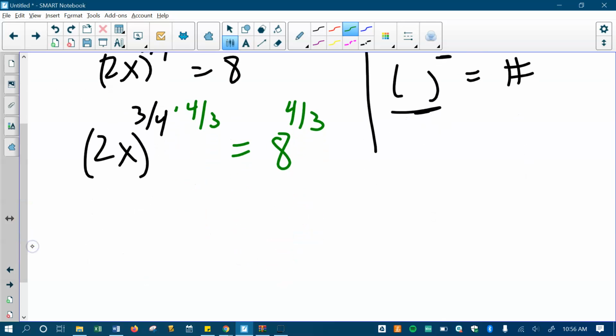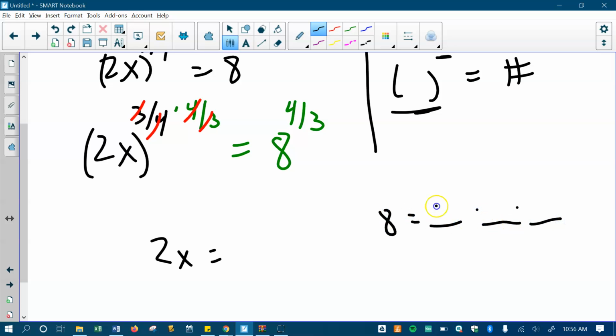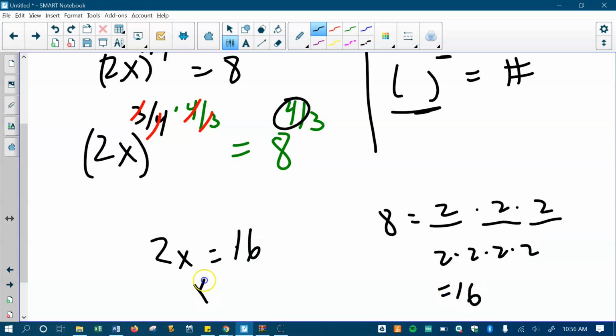The reason I do that is because the 3's and the 3's and the 4's and the 4's are all gone, and I'm just left with 2x equals. On the right side, I'm looking for a number multiplied out 3 times that gets 8. I think that's 2, and I need 4 of those. So multiply another 2, and I think I get 16. Please check my work. And x equals 8.